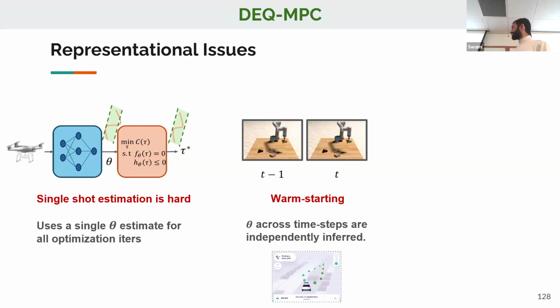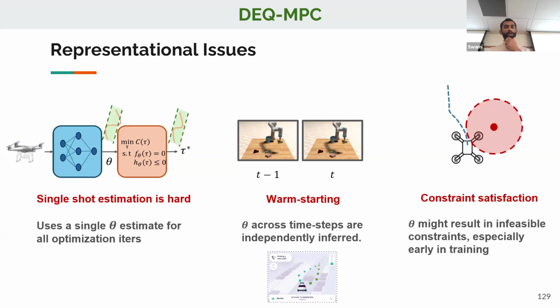And if you have problems where you could benefit from some warm starting on the optimization iterates, if you're using the network to estimate the parameters theta afresh for each new time step, the parameters might be significantly different across time steps, resulting in difficulties when warm starting. And likewise, if you're predicting parameters for constraints for the optimization problem, the network might predict parameters which are completely infeasible for the optimization problem to solve, which might itself result in certain issues when you're trying to solve it online.